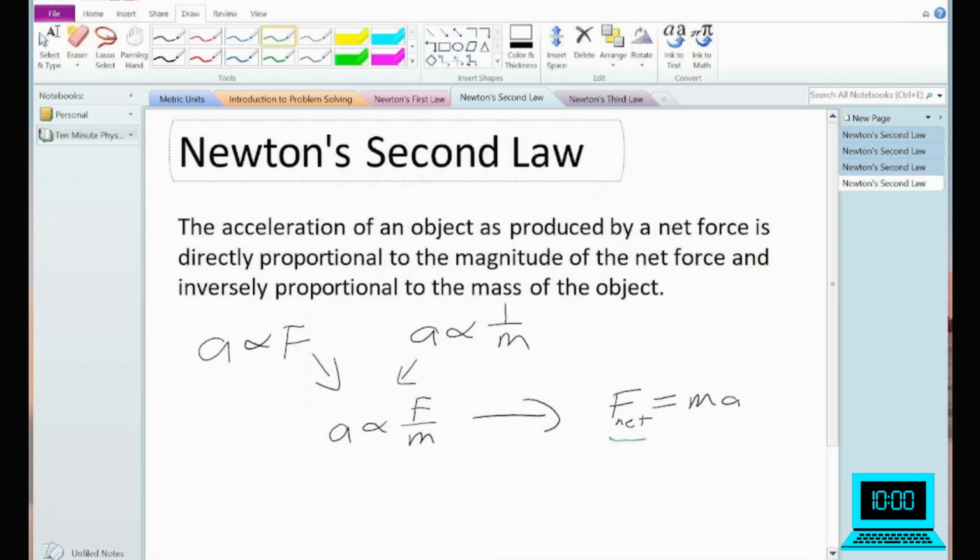Conversely, if the force is the thing that is constant, and you're only able to exert a certain amount of force, maybe like an engine which just has a setting, then if you've got a very heavy object, the acceleration will be lower.